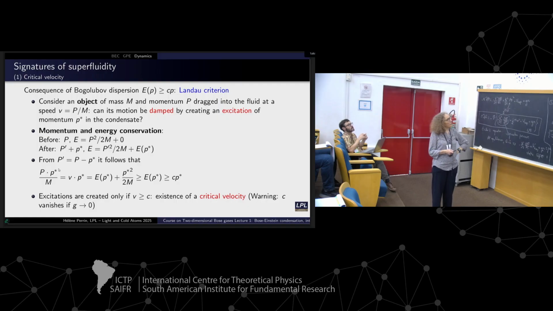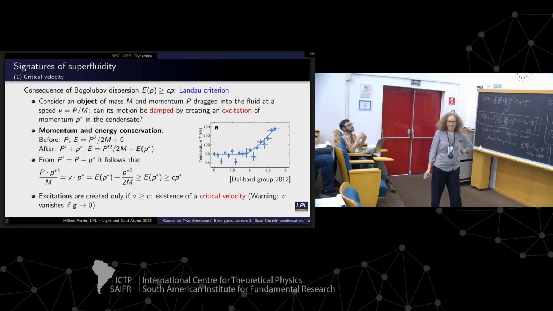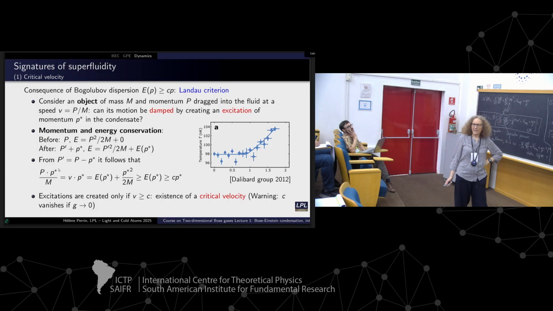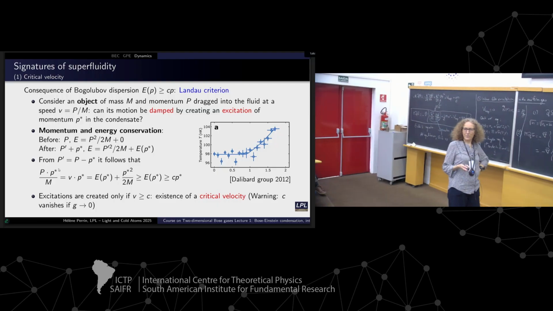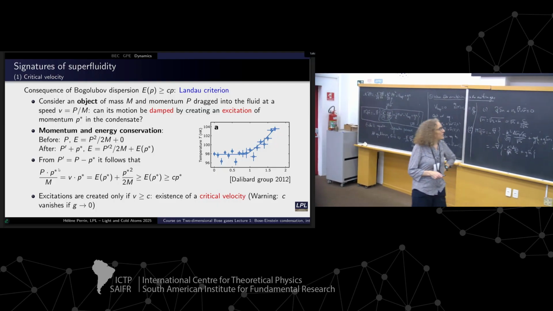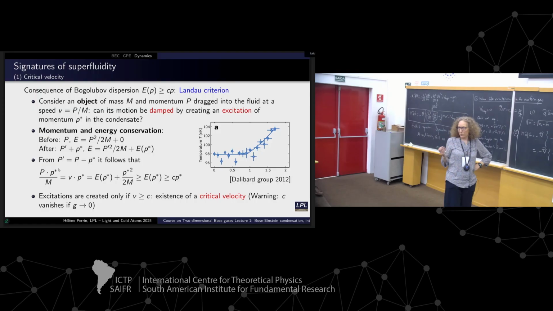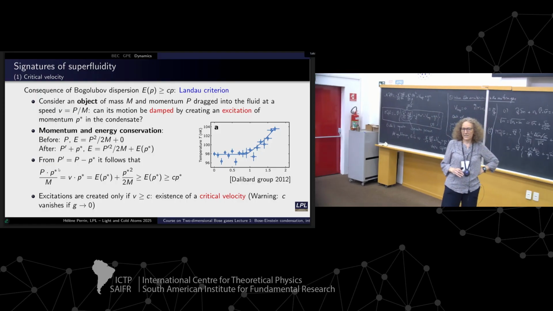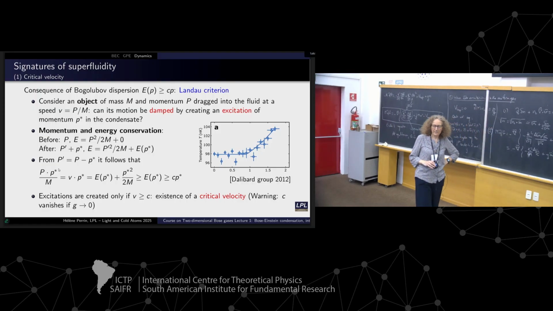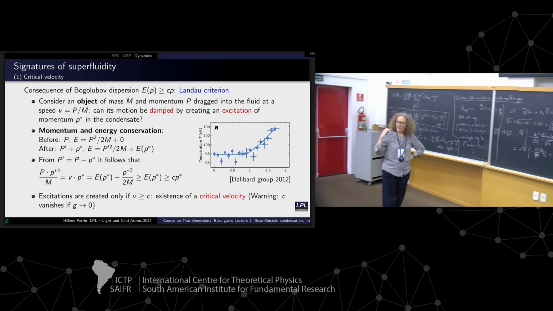This is a criterion for the Landau superfluid velocity, and this graph here is an experimental test of this critical velocity. There are several experiments who have seen that. Maybe the first one is one by Ketterle. This one I like because it's really clear what's happening.